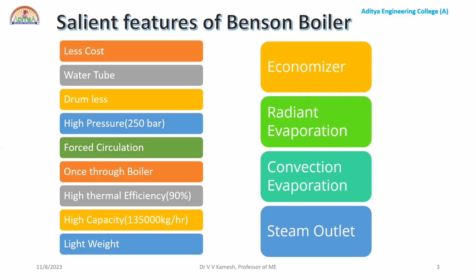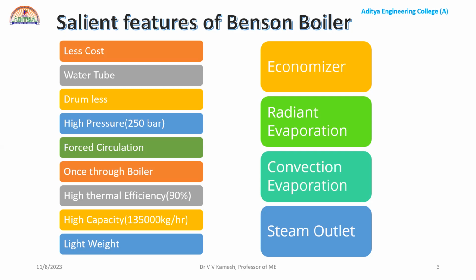And it is a water tube boiler. Earlier we classified boilers into fire tube and water tube. The Benson boiler is a water tube boiler and drumless. In the Cochran boiler or the Babcock and Wilcox boiler, there is a steam drum, where water will be converted to steam, so there is some storage of water.